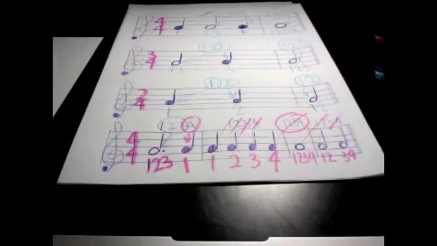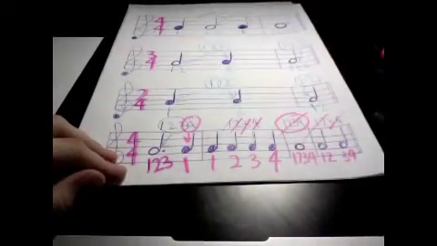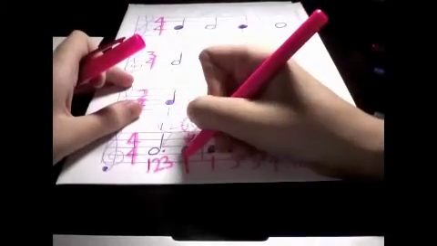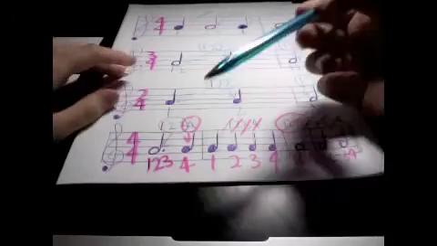Okay, so now if we try to count this, it would be 1, 2. Uh-oh, I just saw a mistake. So this gets 1 number, but the number is 4, not 1. Whoops.